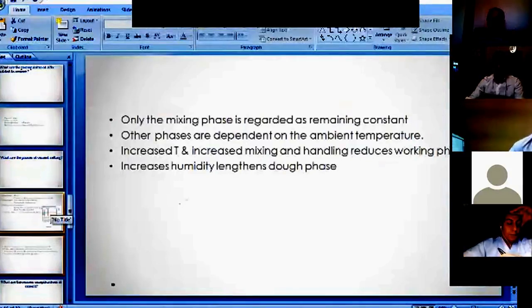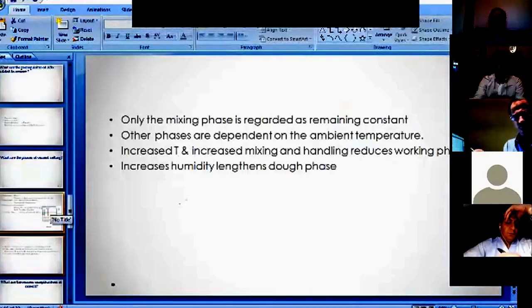That's controlled by your scrub nurse. But the rest of them are all affected by many external factors, mainly the temperature, maybe the instrument you use to pressurize and so on.